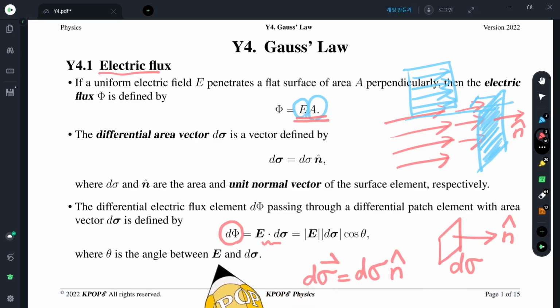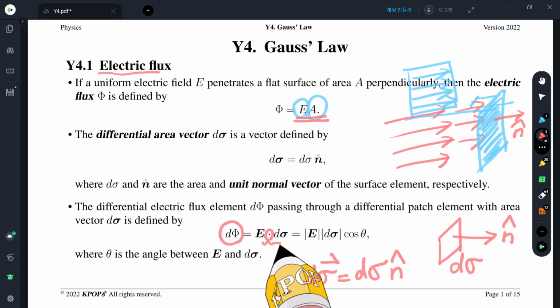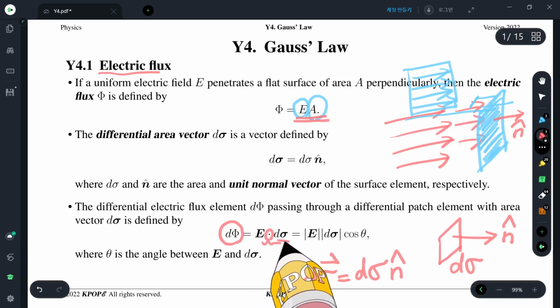In that case, electric field flux is just a scalar product of the electric field and the small patch vector.